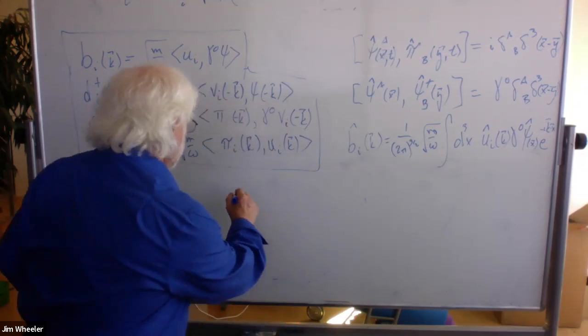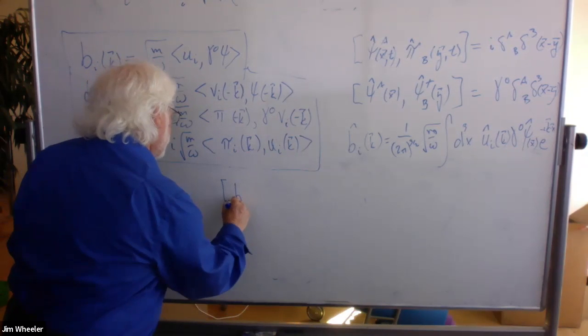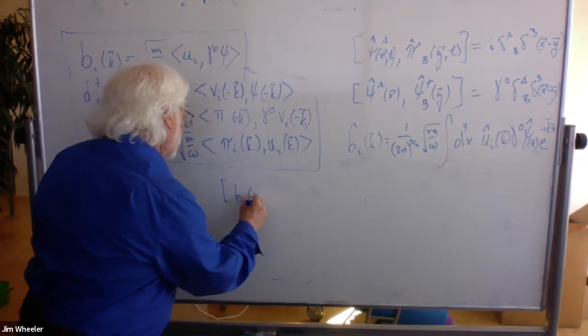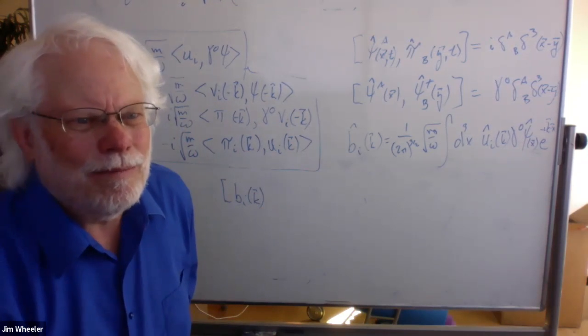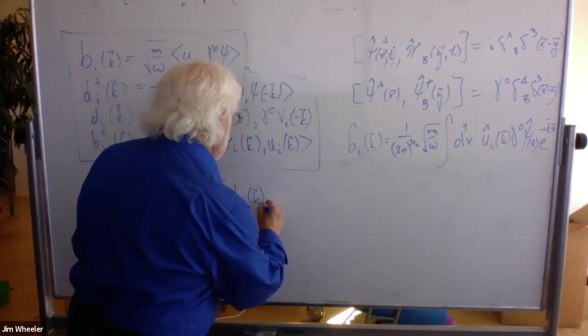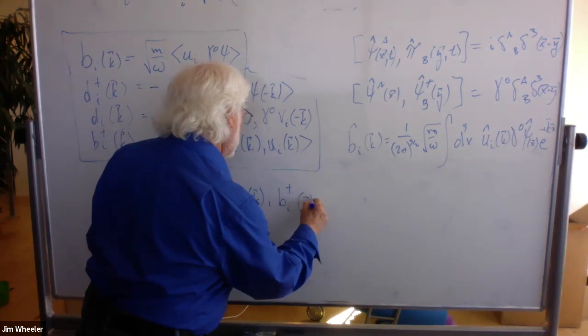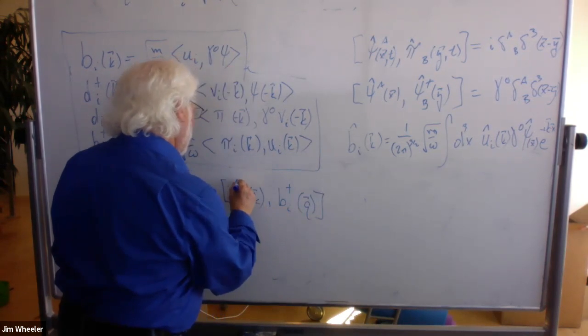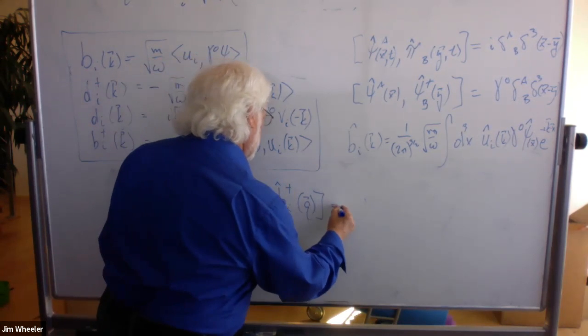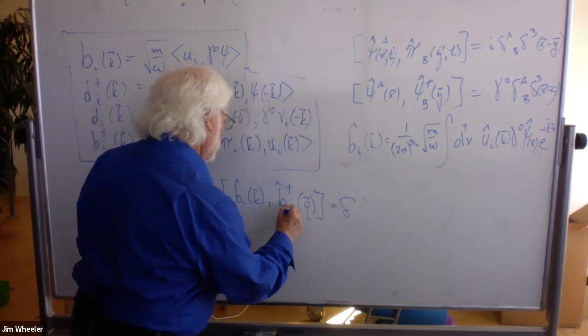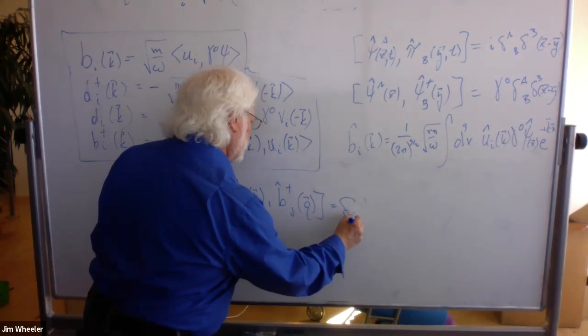So concretely, the commutator of Bi of k with Bi dagger of q. Now operators i and j, you get Kronecker delta ij.